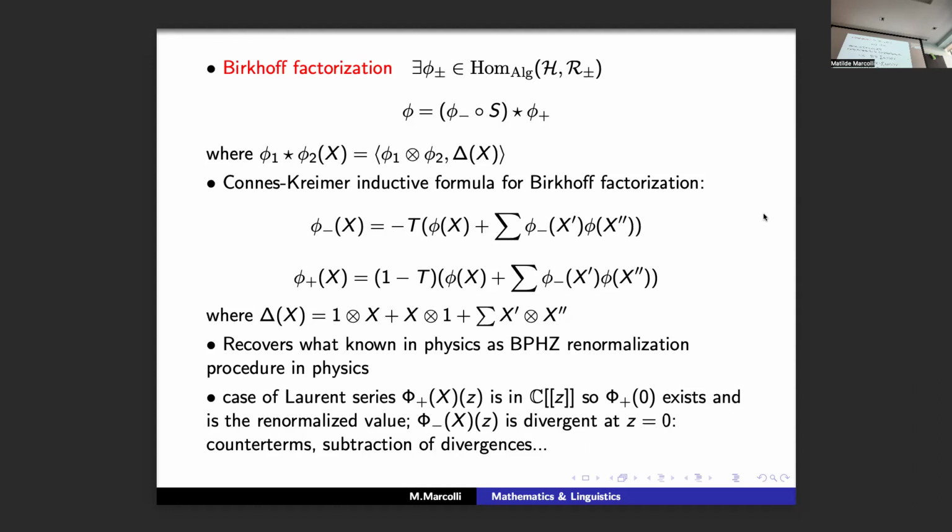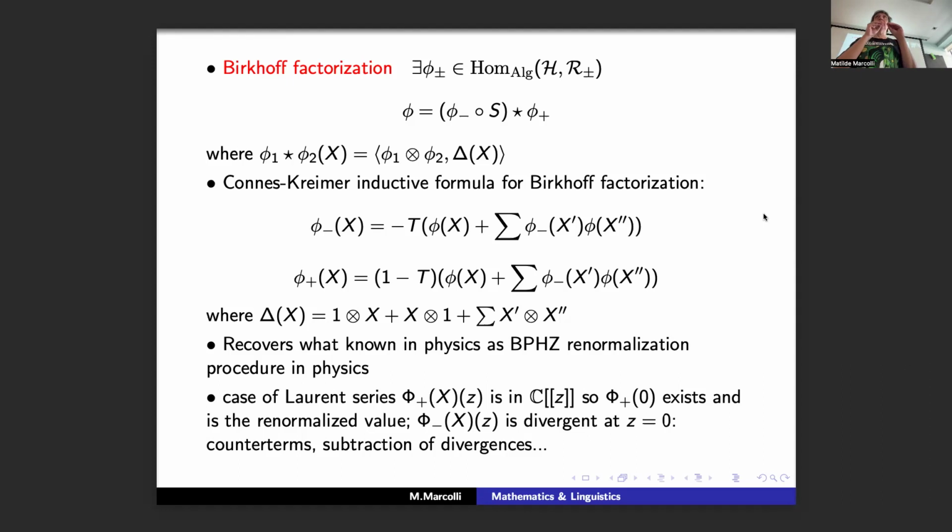And you want to decompose it in such a way that one part... the coproduct tells you that you can take this product, right? But now I'm using also the Rota-Baxter operation on the target. The Rota-Baxter operation on the target tells me that R decomposes into two pieces, R plus and R minus, which are respectively the part that has or does not have divergences. And so I want my phi to split multiplicatively into two parts.